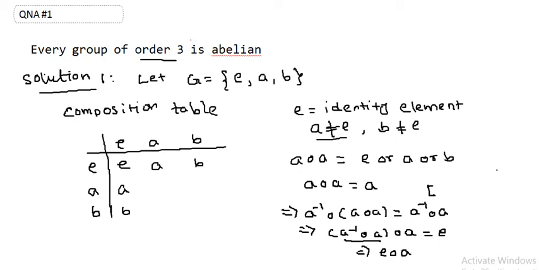So E compose A equals E. From there, we get A equals E. But we assumed that A cannot be equal to E. So this possibility is not true. This again leads to something absurd. So A compose A cannot be equal to E. So the only possibility left for us is B only. So A compose A gives us the value B.